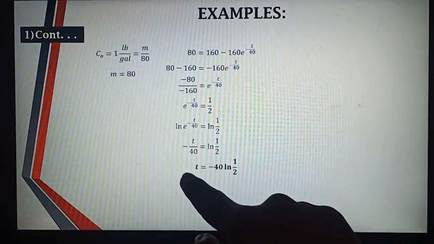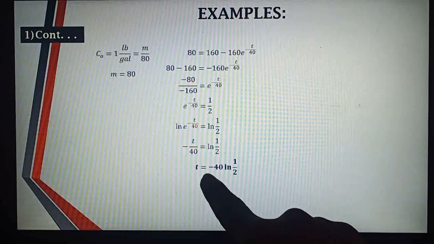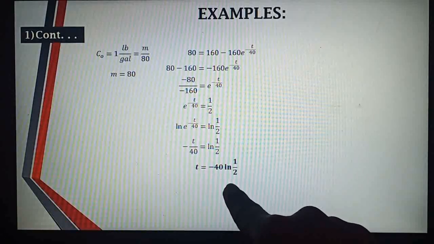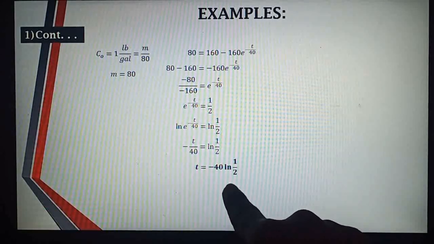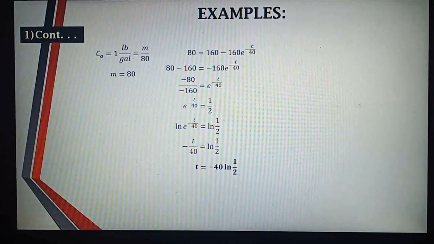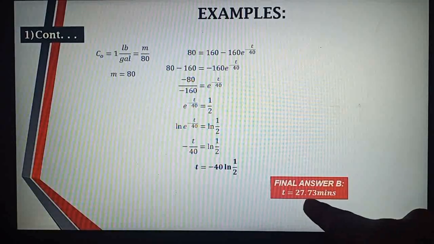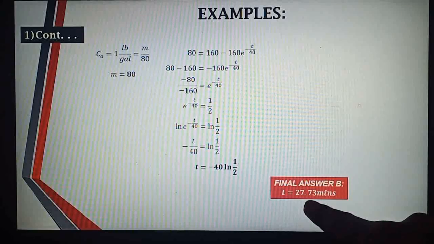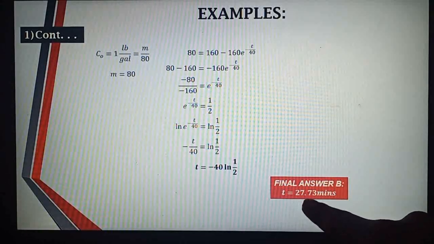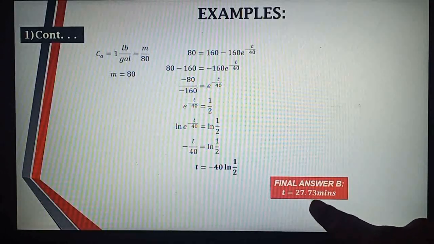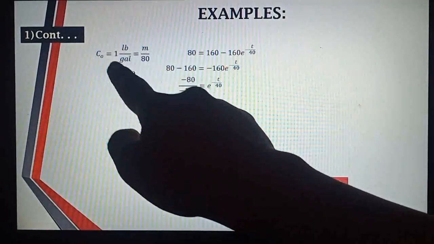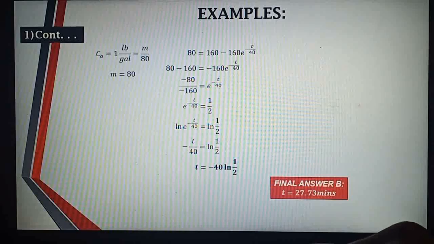Then for the t, this will become negative 40 ln of 1/2. Now if we input it to the calculator, the value of our t is 27.73 minutes. So after 27.73 minutes, the brine leaving the tank is 1 pound per gallon.